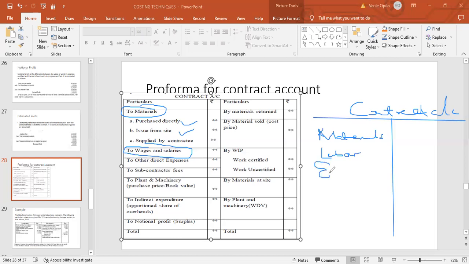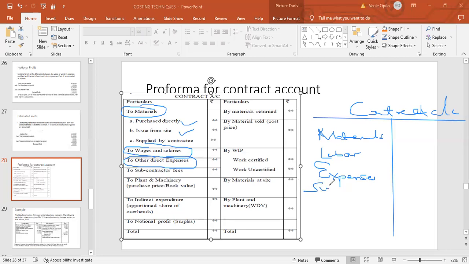Then now the other expenses that you cannot classify either under labor or materials. So any expenses that haven't been factored in when computing the materials and the labor, then you are going to include them there. So you include all the other expenses that are directly attributable to this particular contract.